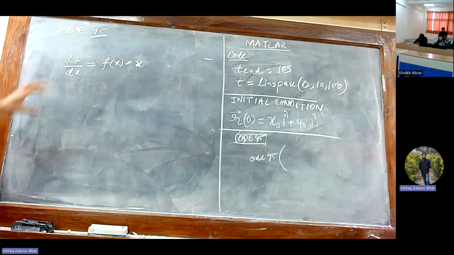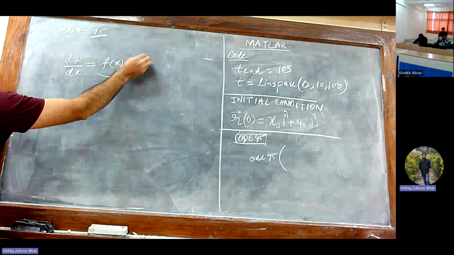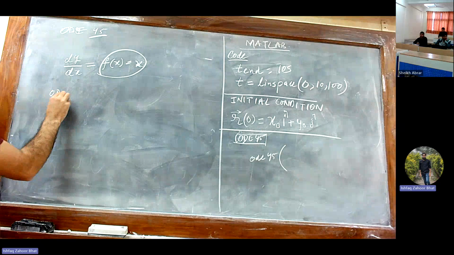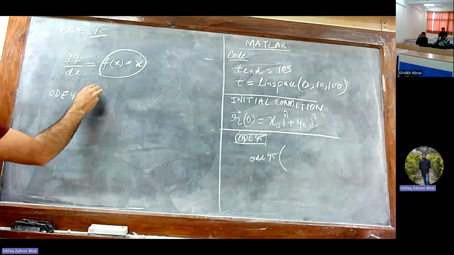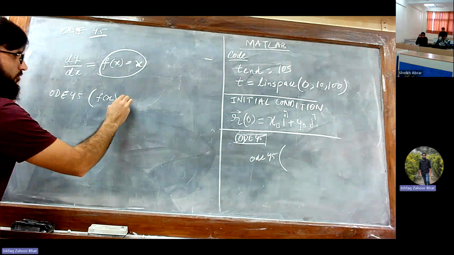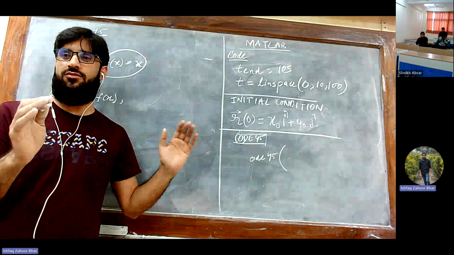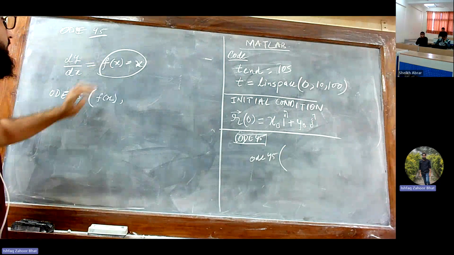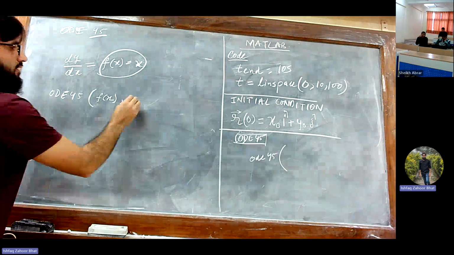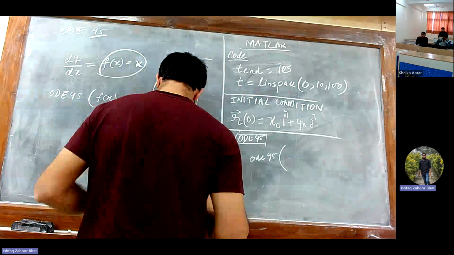So what ODE45 will do, when you solve this function, that is f of x, you will give ODE45 this f of x, and you will give it the span for which you want to integrate this. Here it is not a function of time, it is a function of x, so I will call this x span.